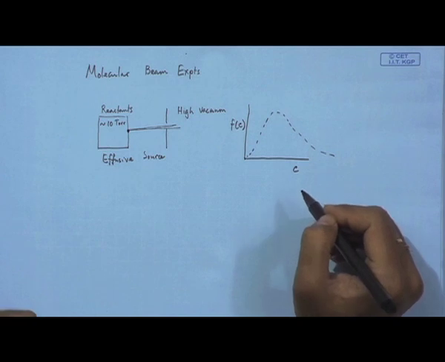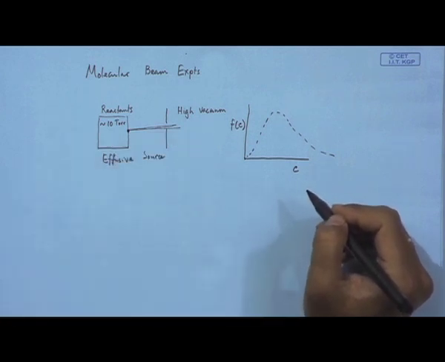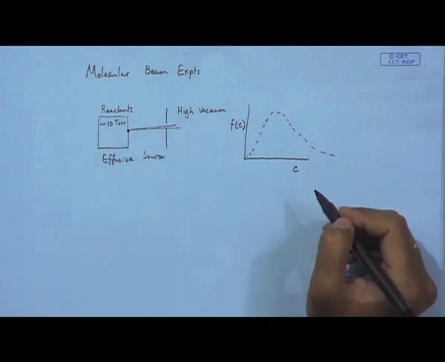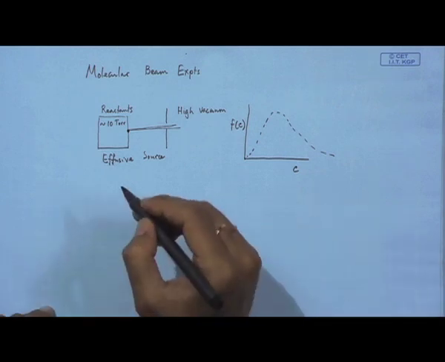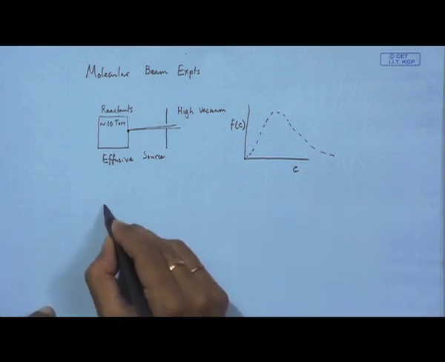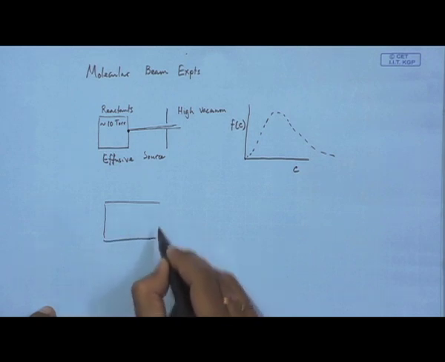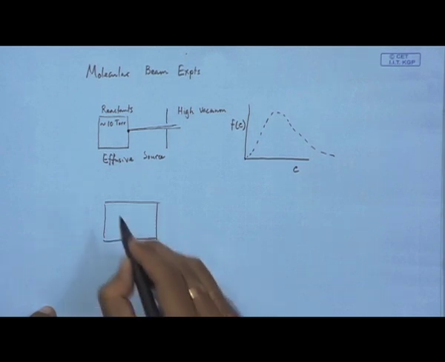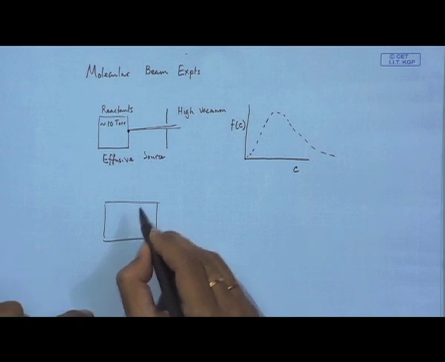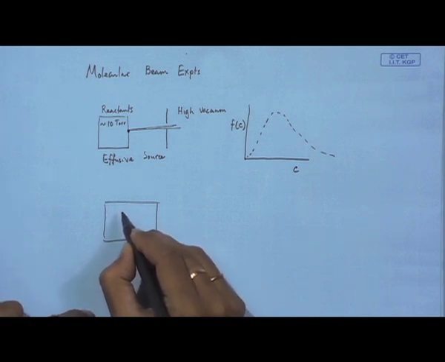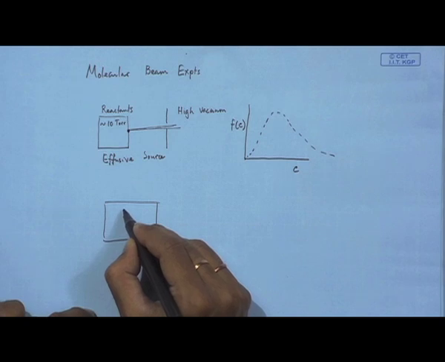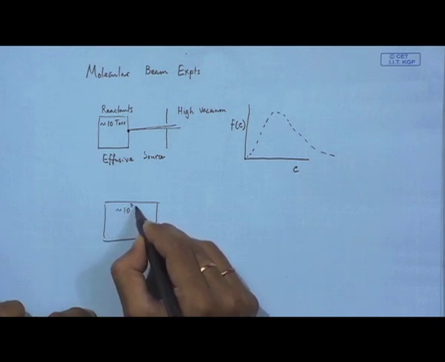Now, another situation could be created, where you have another source where the pressure is very high. Pressure is very high means of the order of 10 to the power 3 torr.